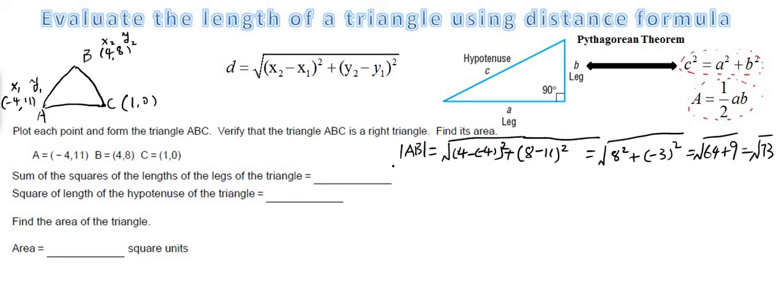Now let's try the length of AC. Again, very similar. If we treat point A as (x1, y1), and we choose point C as (x2, y2), then we plug in. x2 is 1 and x1 is -4.